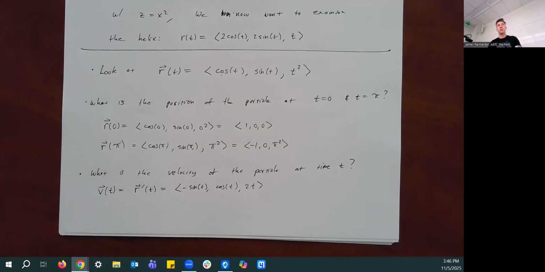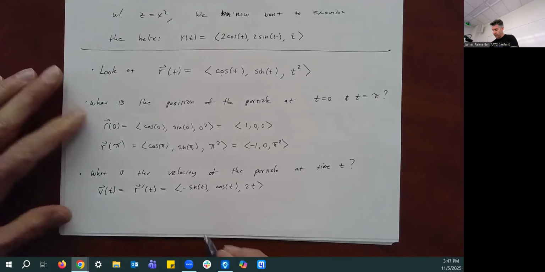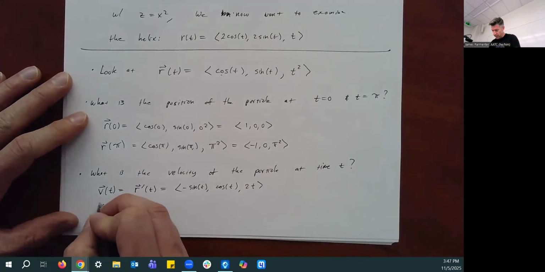I'll remind you, velocity is a vector. Velocity has a magnitude, a speed, but also a direction. If you just care about the speed, you have to find the magnitude of your vector. So I could ask, for example, what's the velocity at time 0?